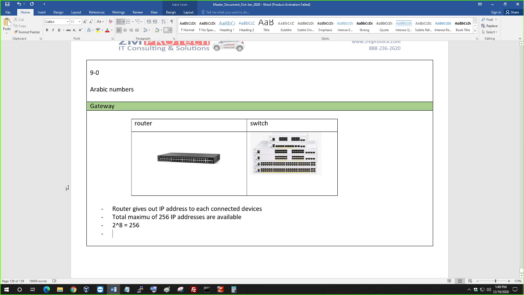And each router becomes a subnet. If you have two routers on your network, then you will have two subnetworks.